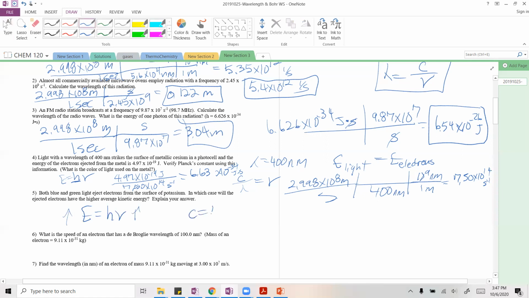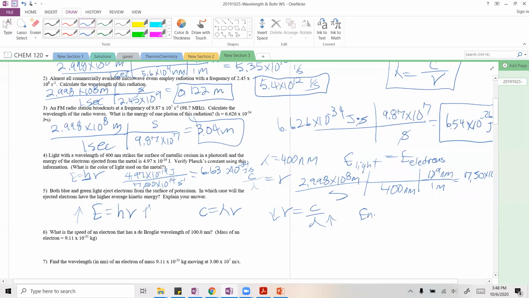Now our frequency is related to our wavelength, but they're inversely related, right? So our frequency is going to be c over our lambda. That means that as our wavelength goes up, our frequency actually goes down. And if our frequency goes down, then our energy goes down. So that's telling us that the wavelength is inversely related to our energy. The higher our wavelength, the less energy we have.